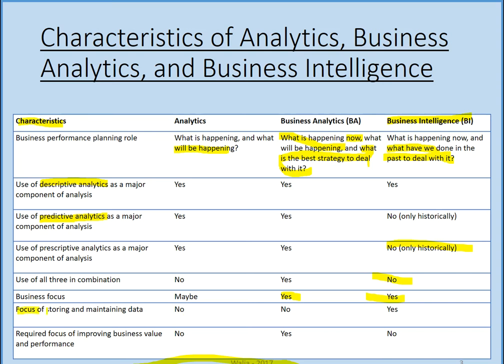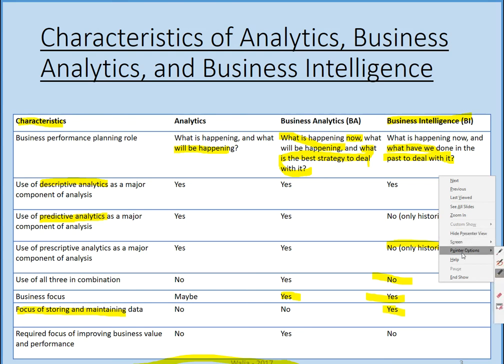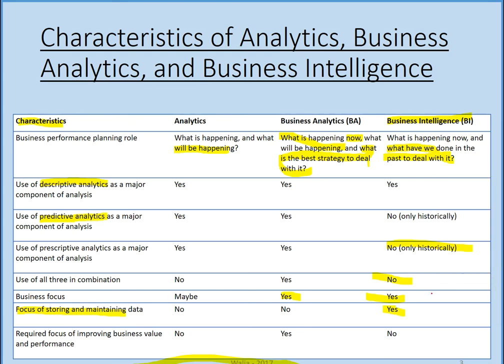And focus on data storing is a very big part of BI through the data warehouse. You have seen in my presentation on data warehouse and business intelligence that the data warehouse is one of the key parts of BI.